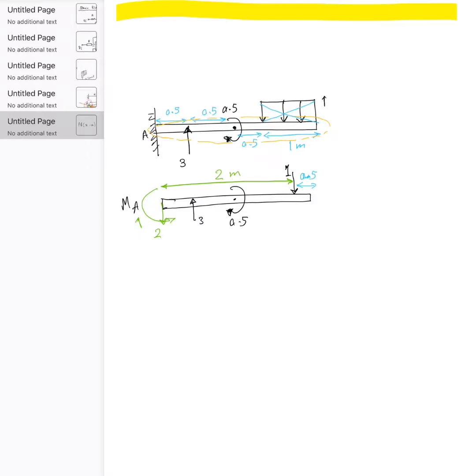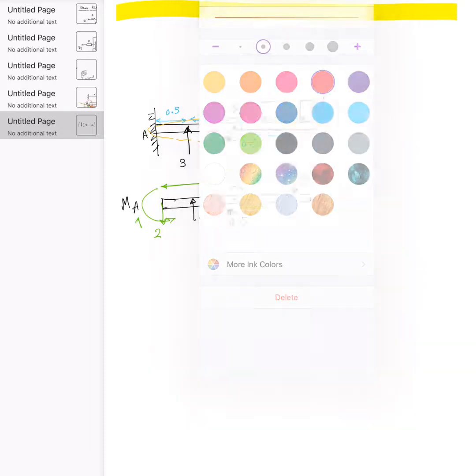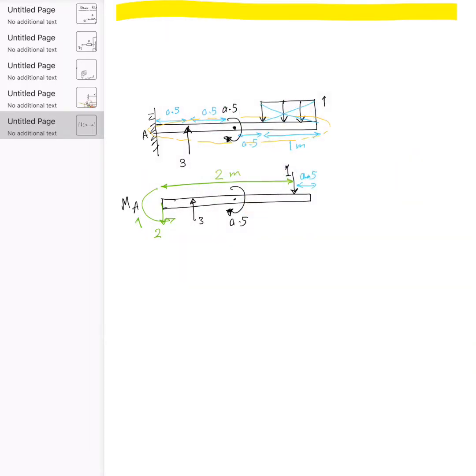so I'm just ready to do my Heaviside distribution. So here, don't forget that before you actually do the Heaviside, you have to put the distributed load back. Here I have one point load at the very end that was substituting this distributed load right here.